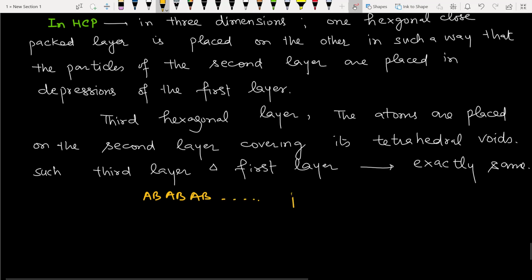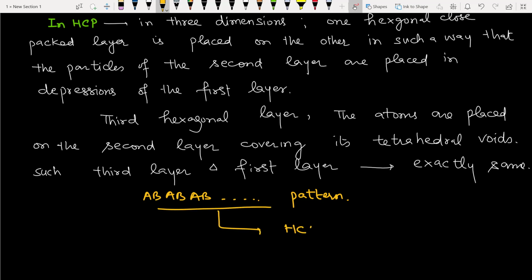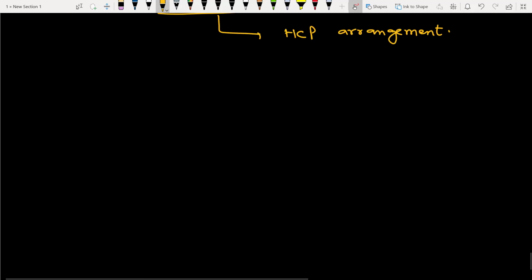This pattern we obtain in hexagonal closed packing, and this arrangement is called HCP arrangement. Third layer is exactly the same as the first layer, fourth layer is exactly the same as the second layer, and so on.